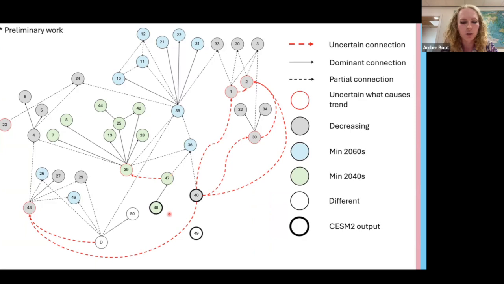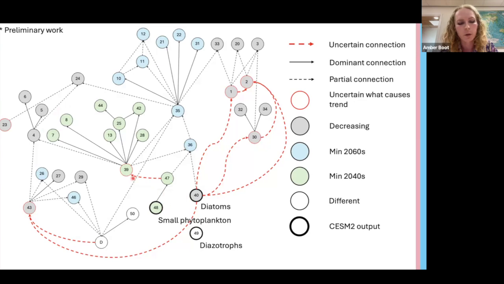And basically what this suggests is that group number 40, which are the diatoms, causes the decrease in basically all these gray groups here and the gray groups at this side. And the change in small phytoplankton can explain basically all the green groups here.